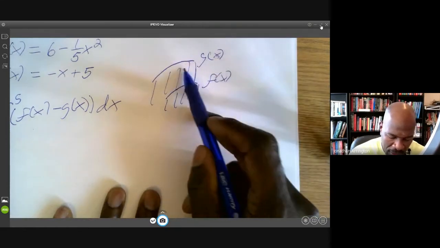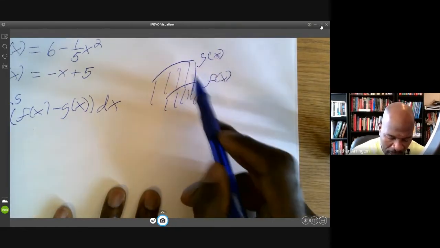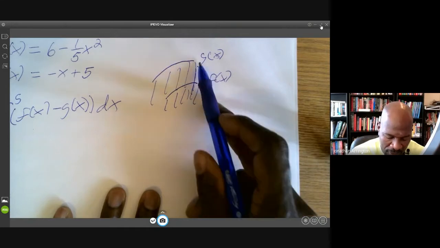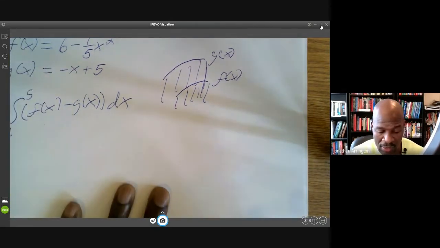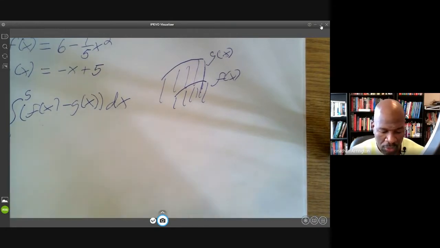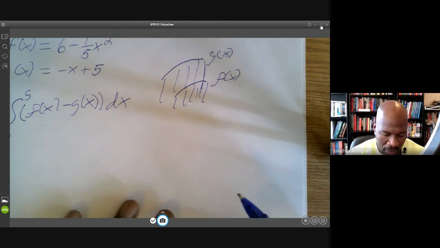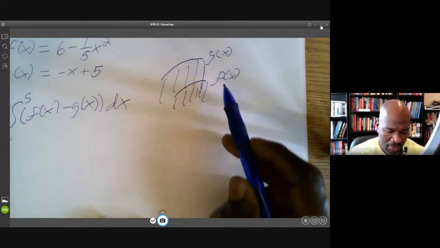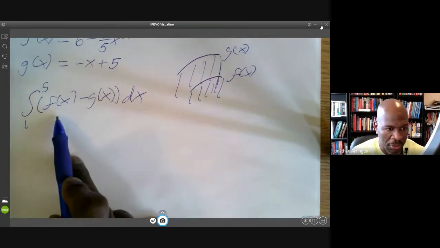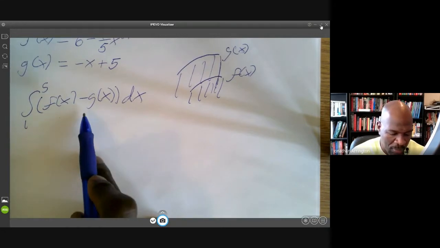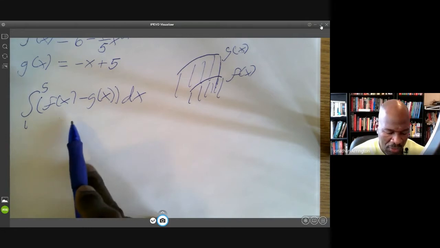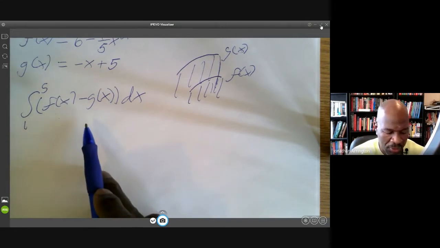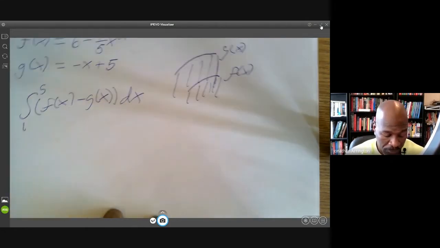The area under g is obviously more than f since it's above it, and so when I subtract, I'm going to get a negative answer. In order to get the correct area, which is positive, you want to make sure you're doing the top function from a graphical standpoint minus the bottom function. That's why we get the provision that f should be greater than or equal to g on the interval.